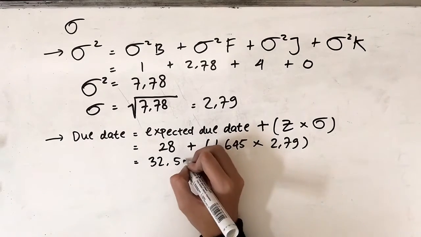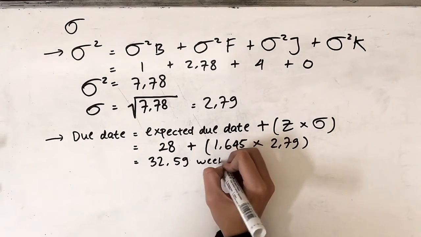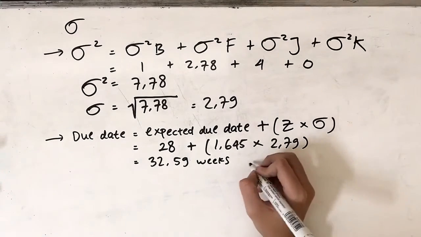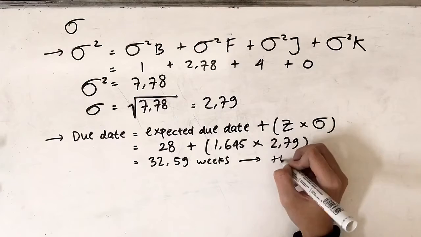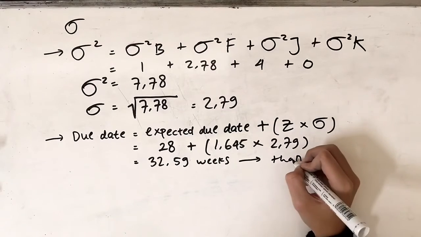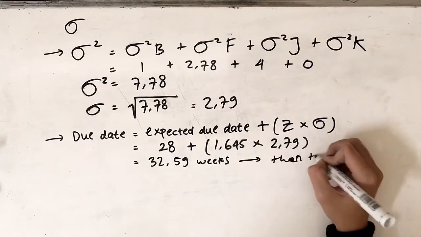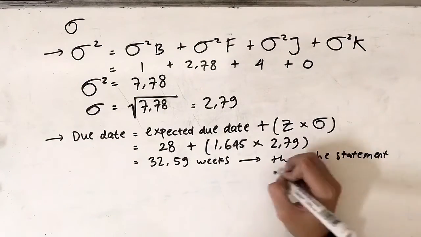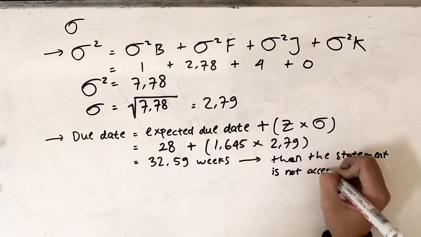And finally, from the calculation, we have 32.59 weeks, which is longer than the 30 weeks stated in the problem. So the statement that it could be completed within 30 weeks is not acceptable.